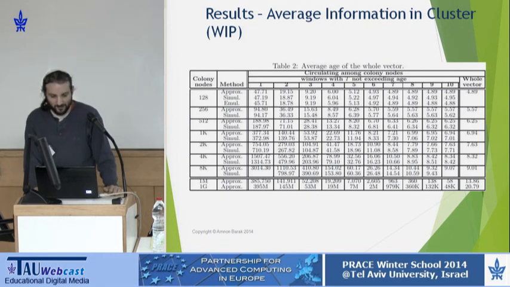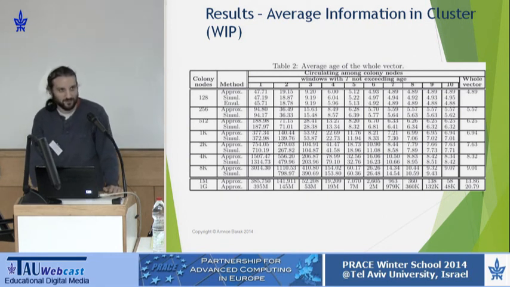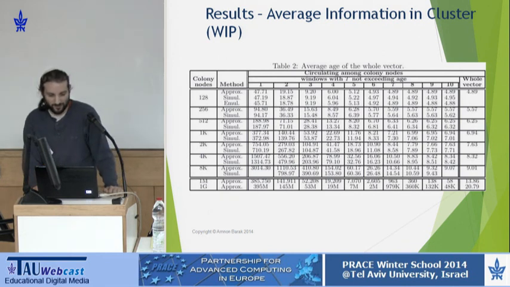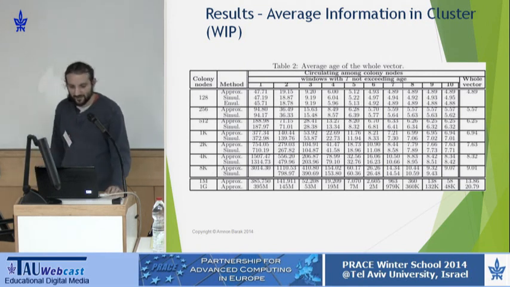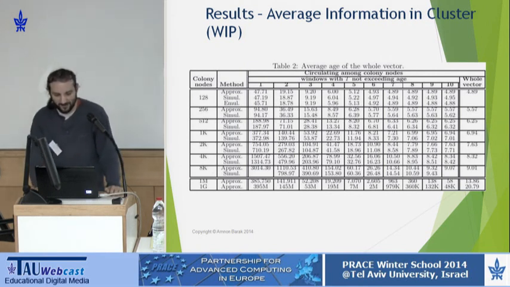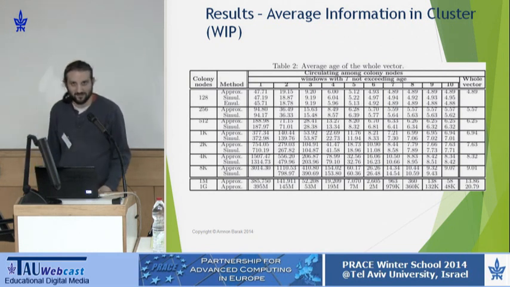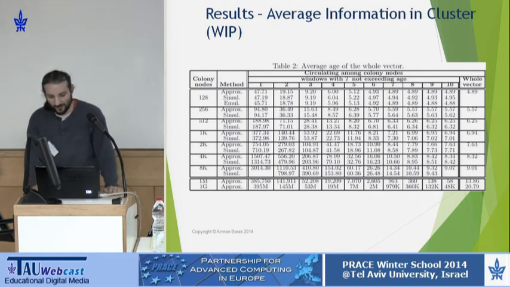In 7 we get a window size of 127 entries, which is almost the whole colony. The same goes for bigger sizes. Only in 8K, at an average age of 10, you get only a percentage of the cluster and not the whole cluster.